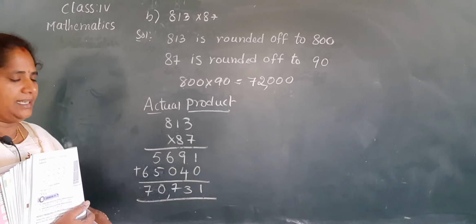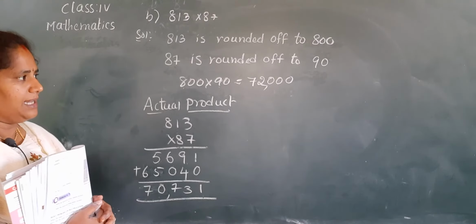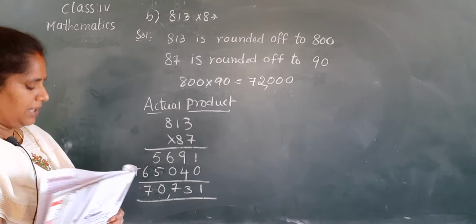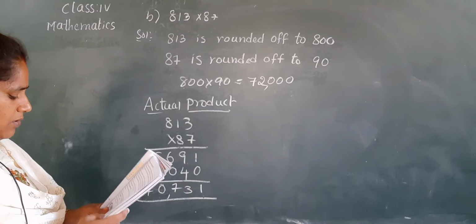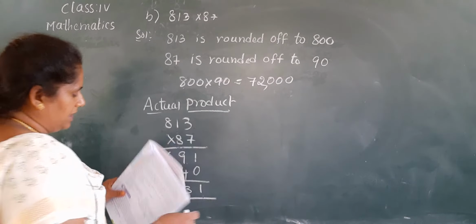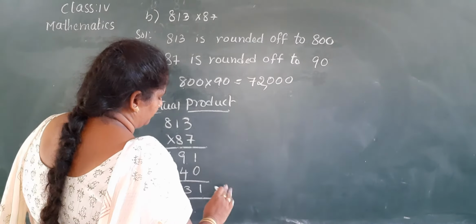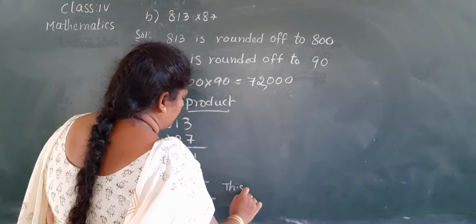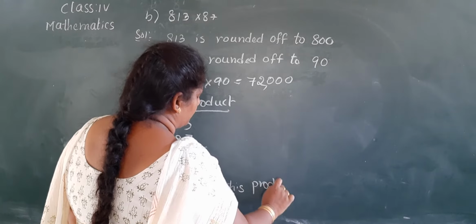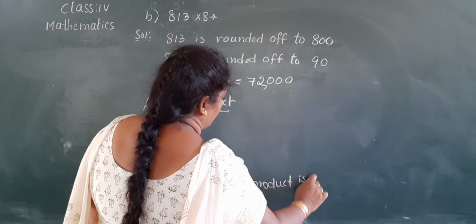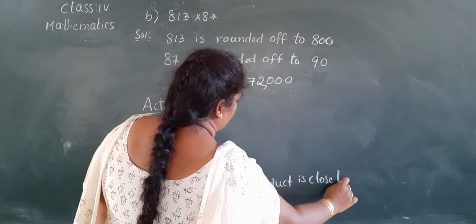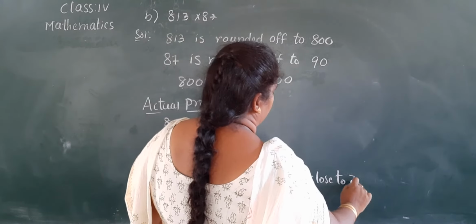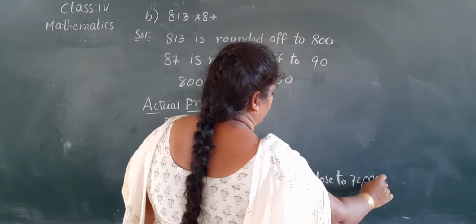So the actual product is 70,731. So which is close to 72,000? This product is close to 72,000.